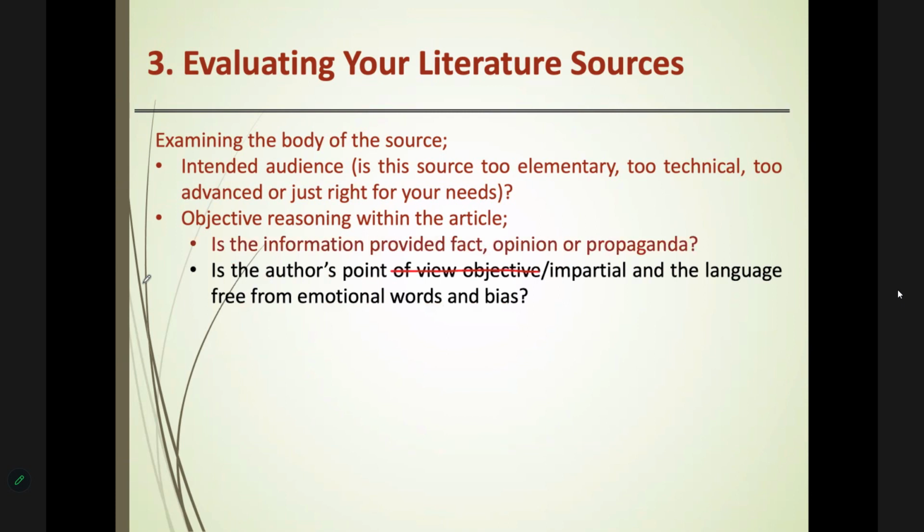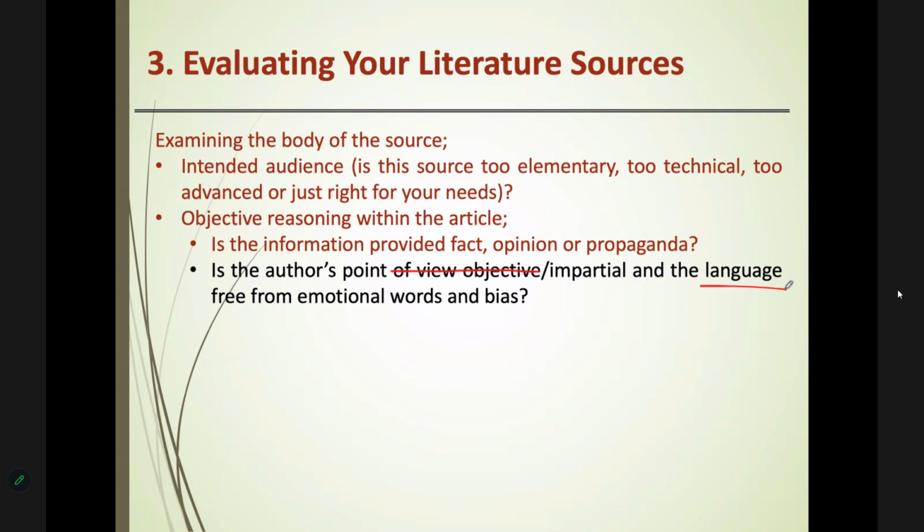Sometimes the author's point of view will be there. So check whether the author's point of view and the language used are impartial or partial, right? Some journals or articles may be too biased toward one particular group of people, right? And when you take such an article and use it in your dissertation, your dissertation also will become too biased, right?